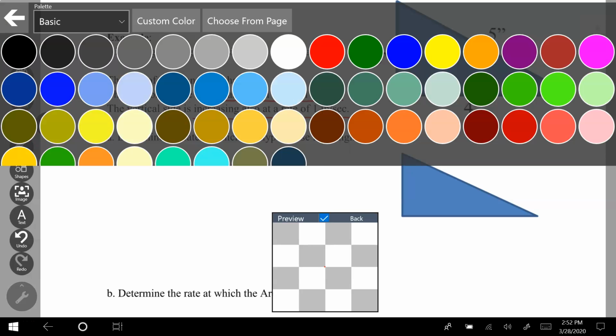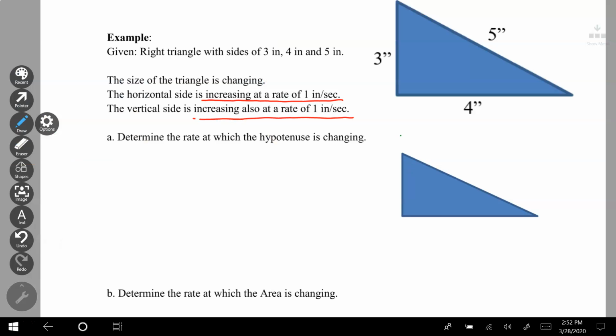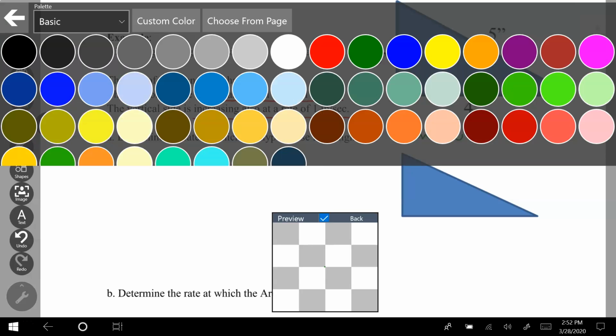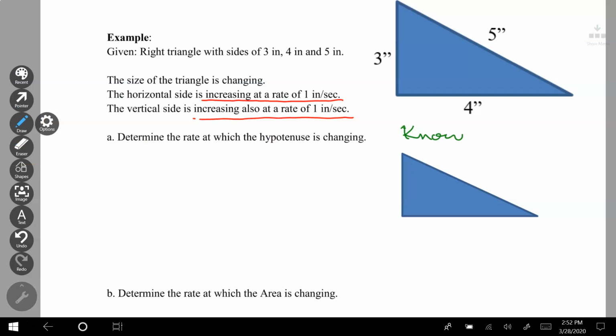What do I know? This is what I know. I know side x is equal to 4, and the dx over dt is equal to 1 inch per second.